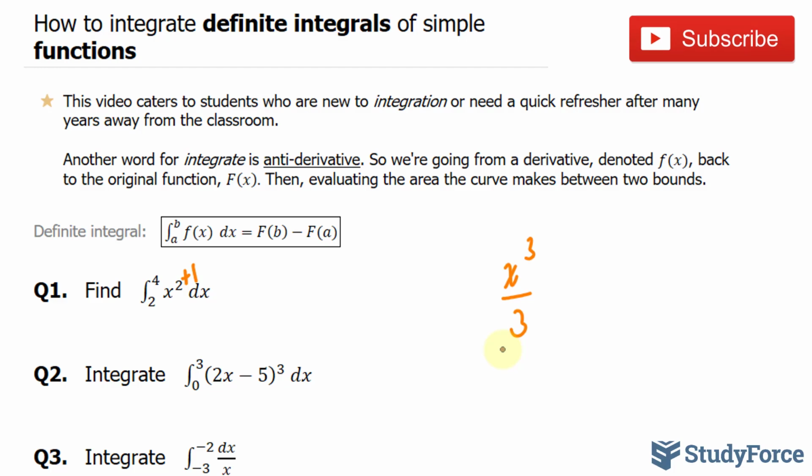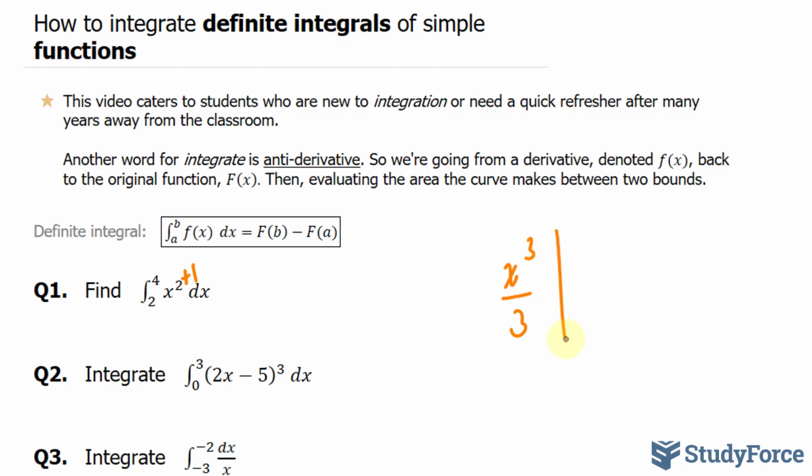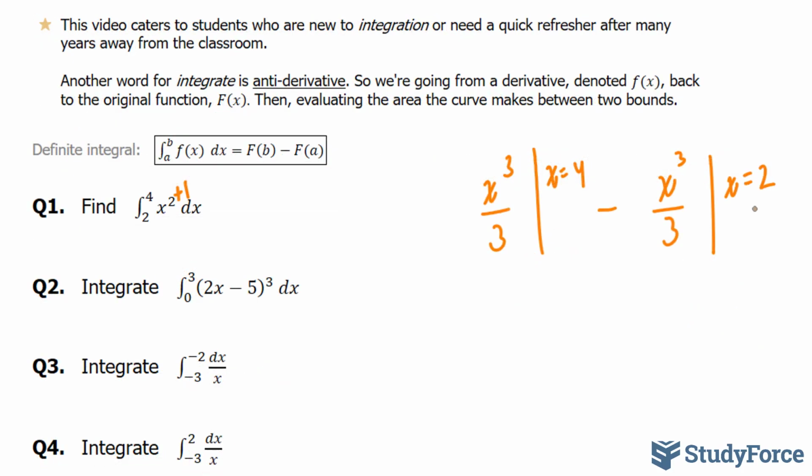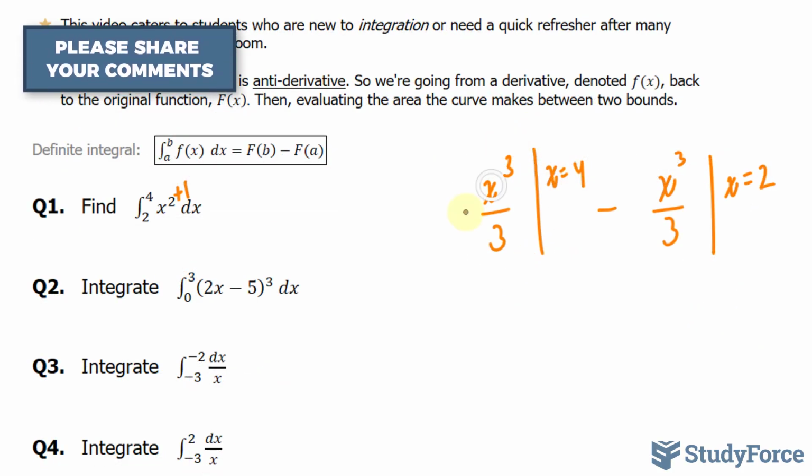And instead of putting plus c as we usually do for indefinite integrals, this time we have to evaluate this function at 4 and 2. We evaluate the upper limit minus the lower limit. So I'm going to evaluate at x is equal to 4 minus when x is equal to 2. Let's start over here. 4 to the power of 3 is 64.